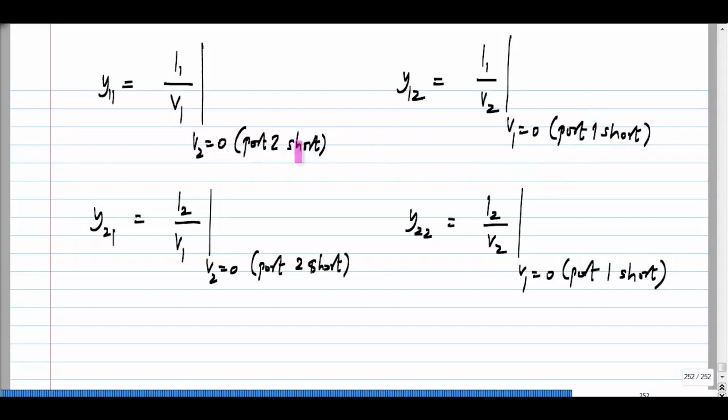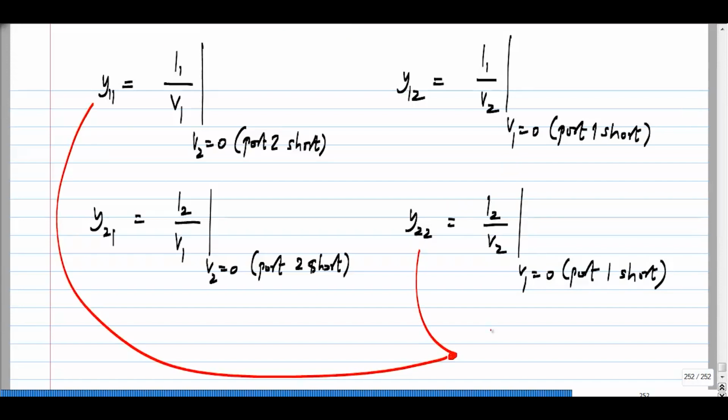So, what you can do is, you short port 2, that is you set V2 equal to 0, apply a voltage V1, then you can measure I1 to get Y11, I2 to get Y21. Then you remove the short from port 2 and then short port 1 instead, and apply V2 to port 2, then you measure I1 to get Y12 and I2 to get Y22. Now, these two, Y11 and Y22, are conductances.